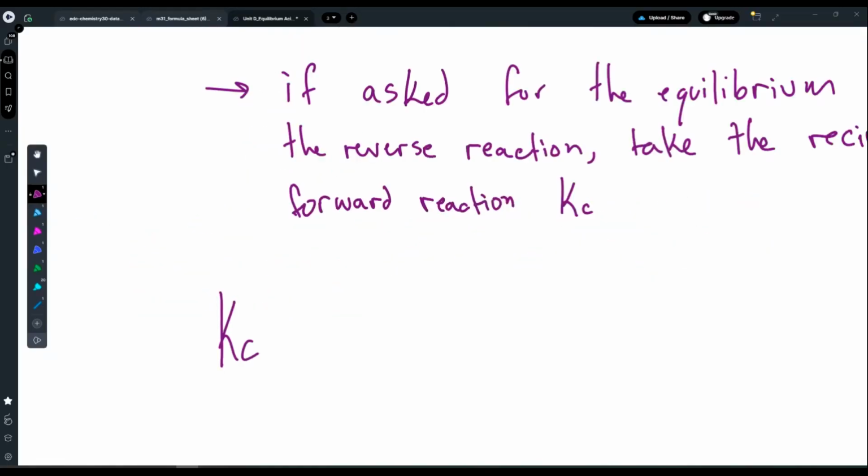So we have the equilibrium constant for the forward reaction.